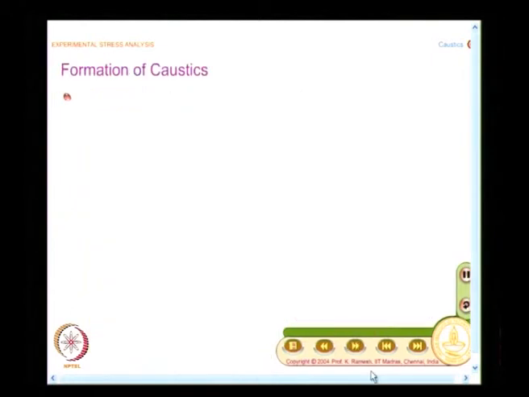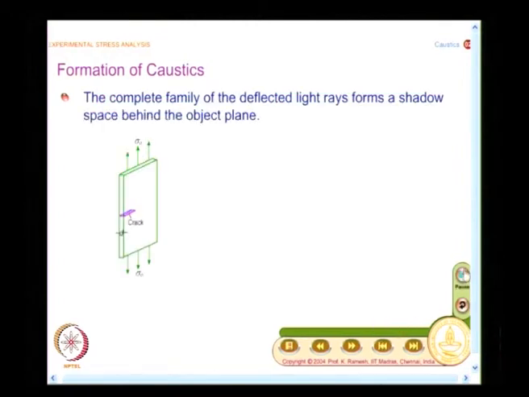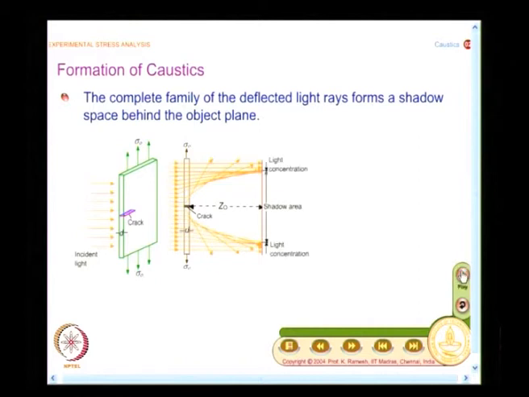And the formation of caustics is very clear. Just observe the specimen. So, what I have here is a specimen with a crack, and a parallel beam of light impinging on the specimen, and because of the Poisson ratio effect, the light does not go straight. If I do not load the model, the light will go straight, and when loaded the light gets deflected like this.